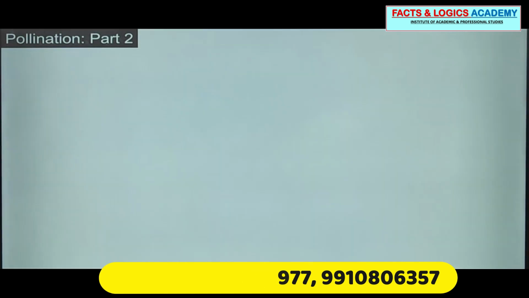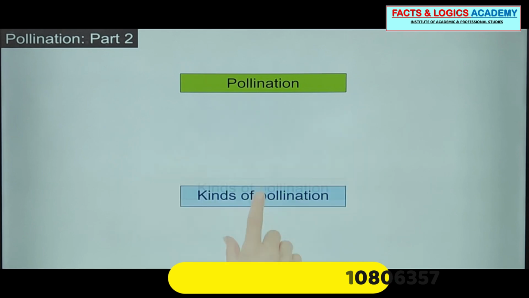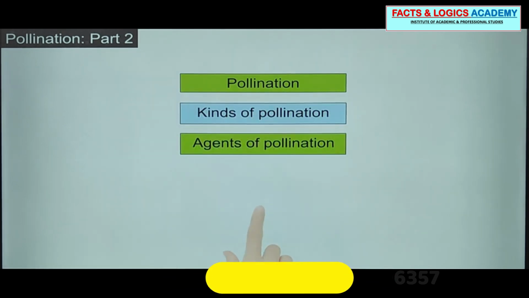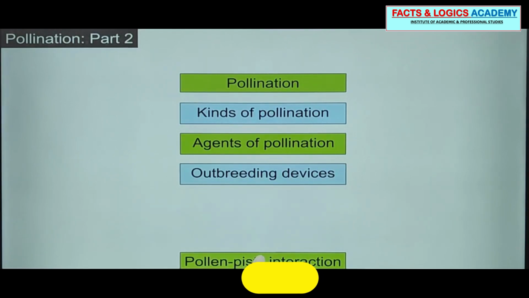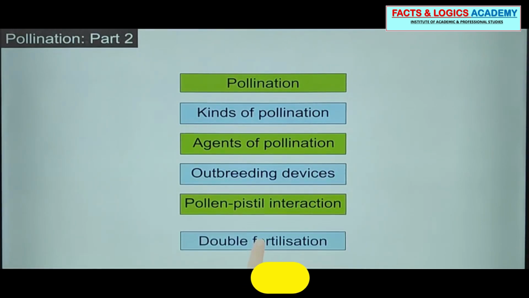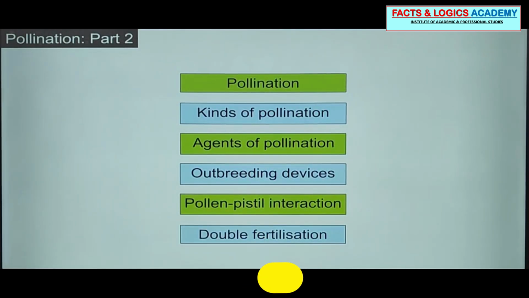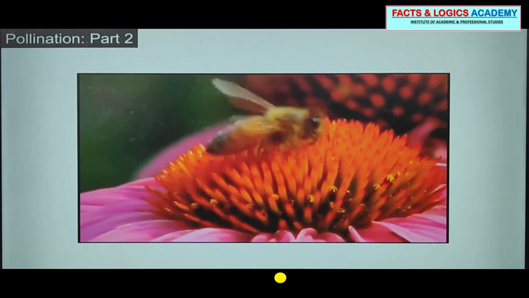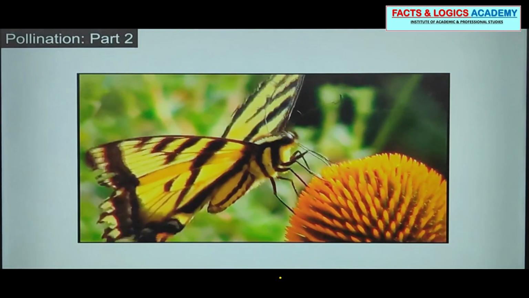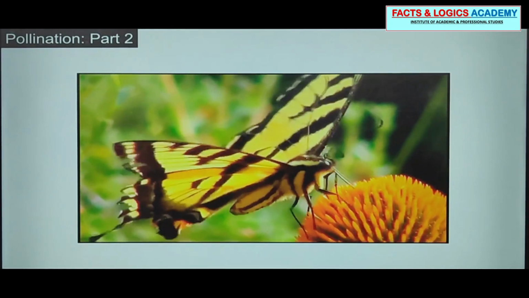Now let us sum it up then. In this module, we learned about pollination, kinds of pollination, agents of pollination, outbreeding devices, pollen-pistil interaction, and double fertilization. By now, we all know that pollinators are often keystone species, meaning that they are critical to an ecosystem.